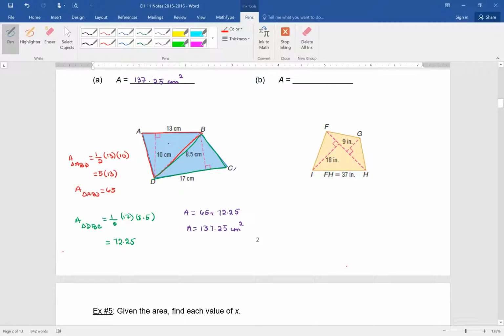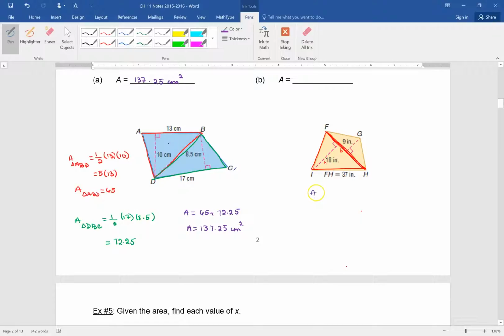All right, for this next one, again, we have two triangles. Here's my first triangle. Now, it tells you that FH is equal to 37. So this is 37. Now, that's your base, and this is your height. Okay, so that's the base, and this is the height. The total area here is going to be the area of both of these together.